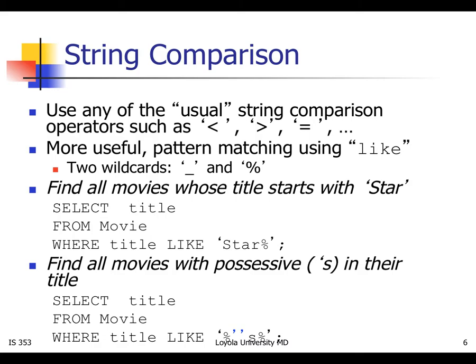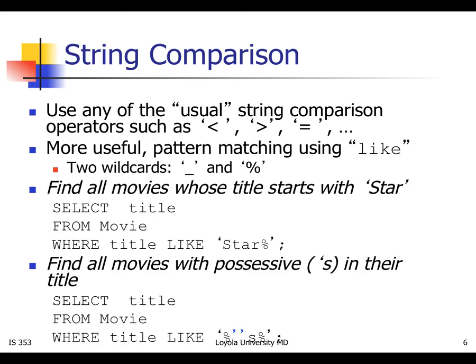For example, if you want to see how many movies like Star Troopers, Star Wars, and Star Trek have the word star, or start with the word star in their title, you would use the percentage wildcard as shown in the SQL statement. So for this example, you're going to be selecting title from the movie, where the title like, and then you'll see star and the percentage sign.